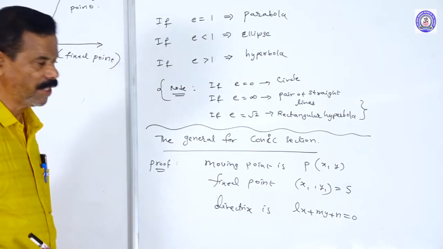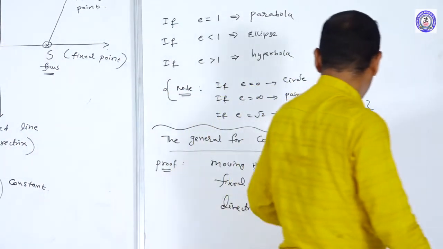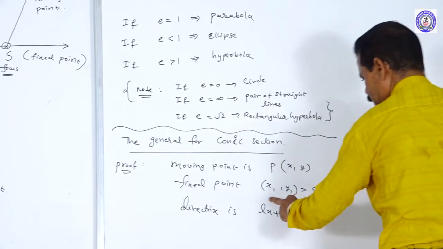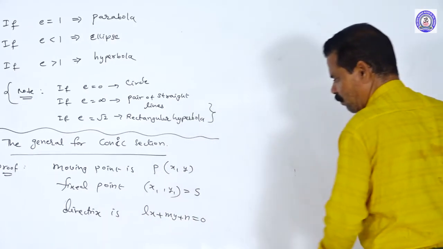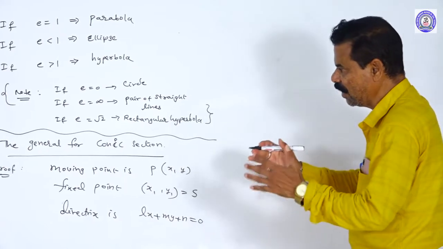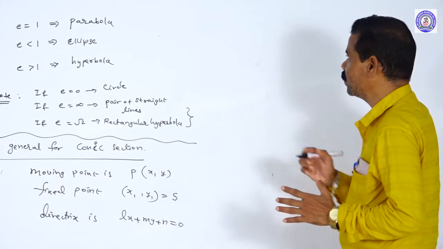Consider these three: the moving point P(x, y), the fixed point (x1, y1), that is the focus, and the directrix line Lx + My + N = 0. Then what comes? The conic equation.